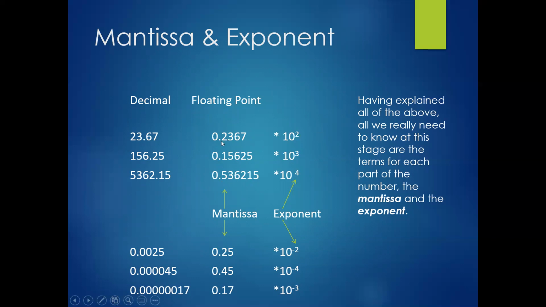Okay, so the mantissa is this number here, and the exponent is the power over here. And that's really all we need to be able to explain how computers store real numbers. We don't actually have to do much in the way of putting decimal numbers into floating point representation, but we do need to know that this part here is the mantissa and the power is the exponent.